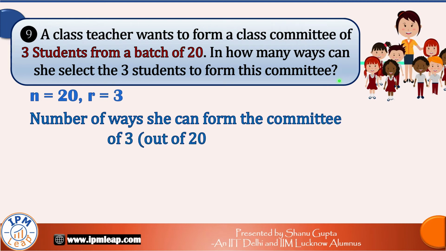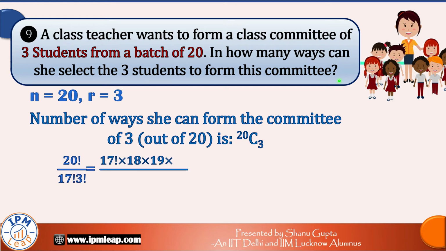Calculating its value, n is 20, r is 3, so we get 20 factorial over 17 factorial into 3 factorial. 20 factorial can further be written as 17 factorial into 18 into 19 into 20. And simplifying the expression, we get 1140 ways of forming the committee of students.